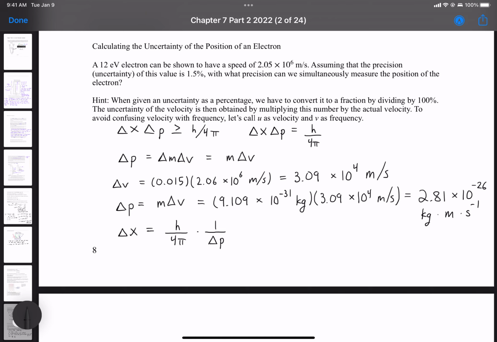In this case, we need to work in joules. We know that 1 joule equals a kilogram meter squared per second squared. So we can change our value for Planck's constant from joules times seconds into base units.